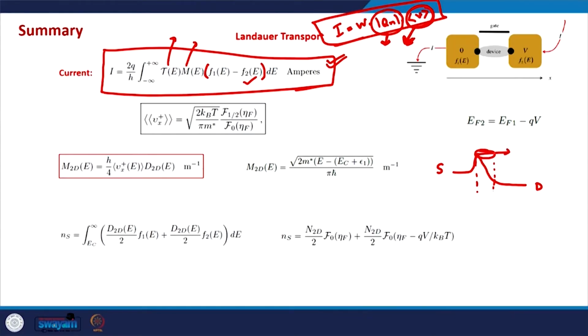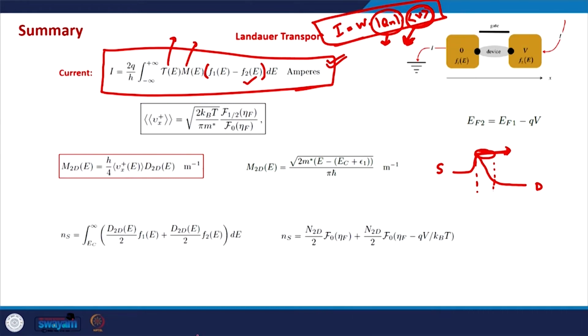That is because at the top of the barrier the influence of the drain is minimum, and the charge mostly depends on the gate voltage, and then by calculating the velocity and the charge we can calculate the current.